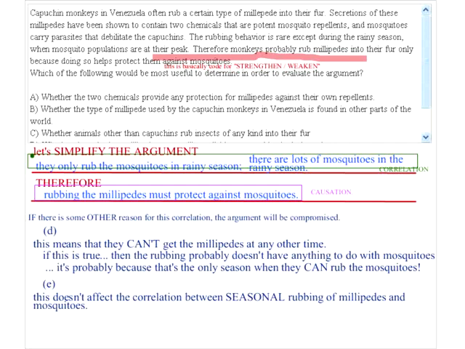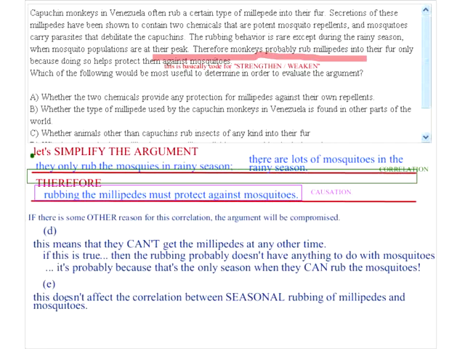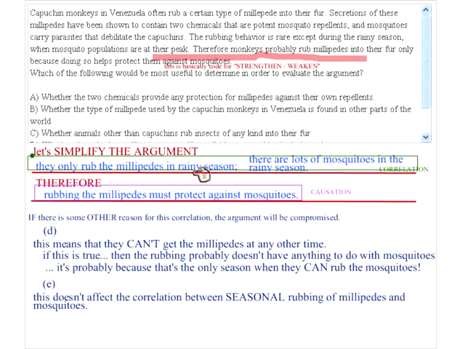Remember, what you've got to do is stay with the simplified argument here. The simplified argument is they happen to rub these millipedes. Let me correct that, I should say millipedes. Millipedes, sorry. I shouldn't say mosquitoes. Okay. The argument is just about this correlation between rubbing these guys in the rainy season and there being lots of mosquitoes in the rainy season. Choice E doesn't really affect that argument in any meaningful way.